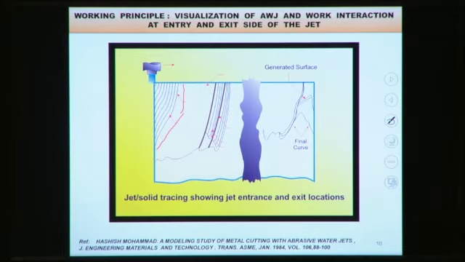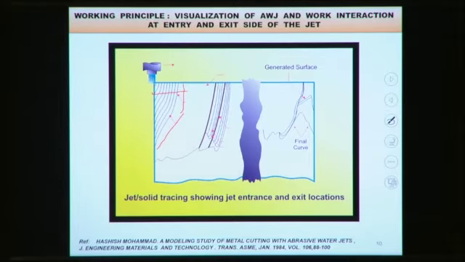Initially, this machining is due to the erosive action by these abrasive particles. After that a local machining chamber is generated, and it acts as a mixing chamber of abrasives and water jet. At that local mixing chamber, the machining is due to deformation.